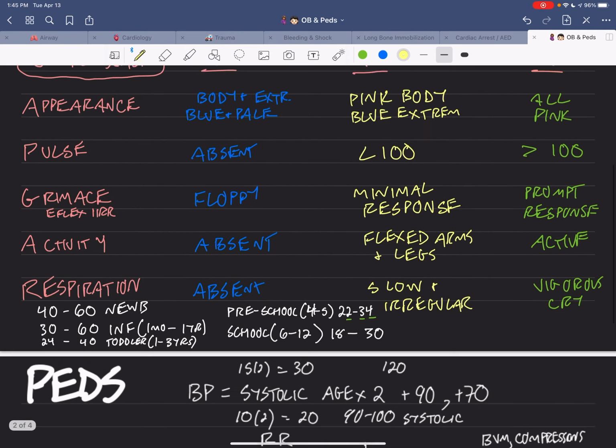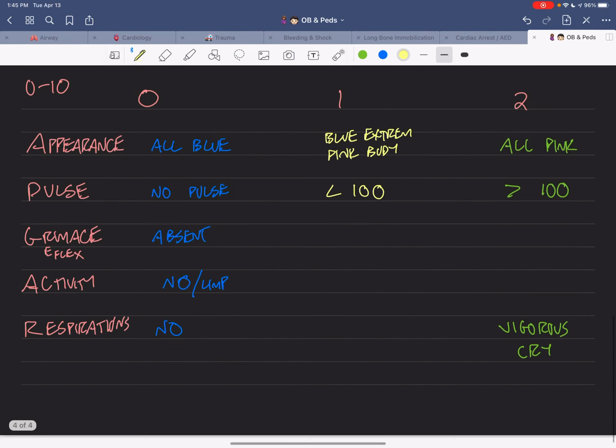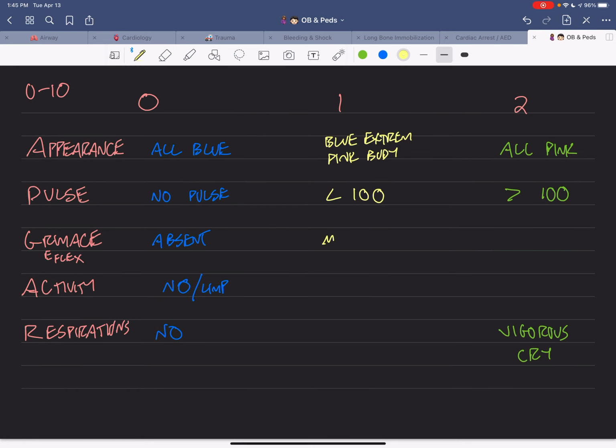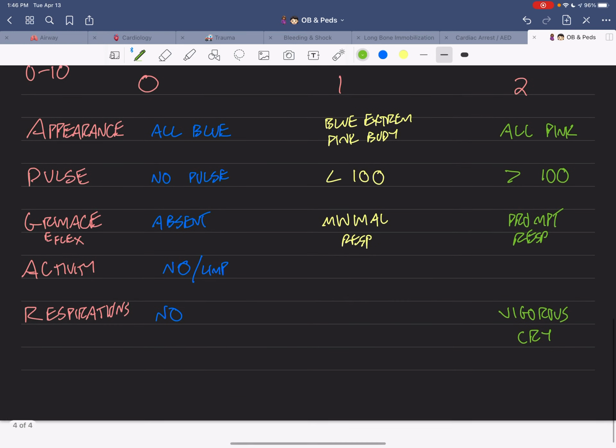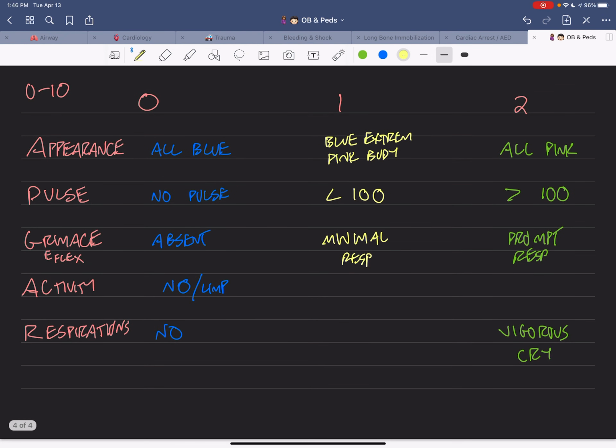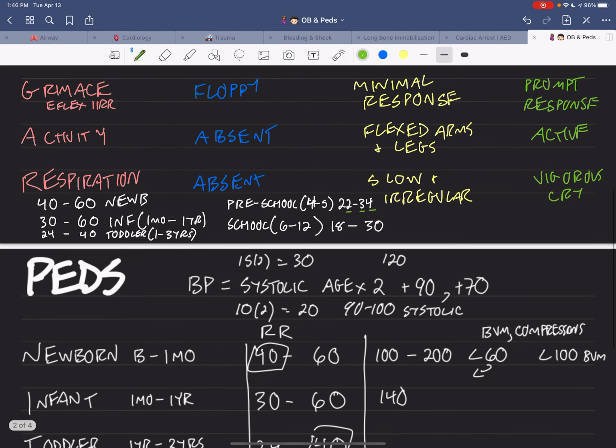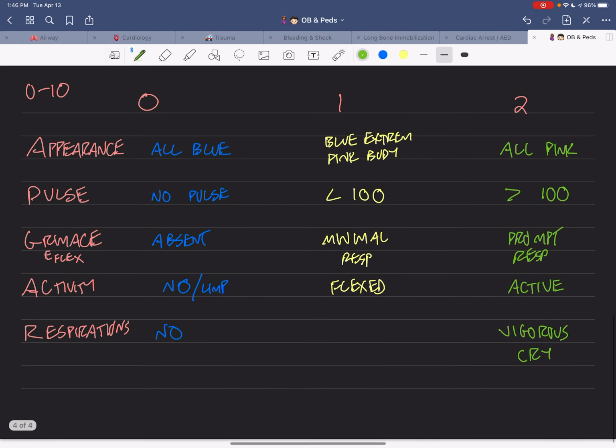Grimace and reflex: a 1 is just minimal response, a 2 would be prompt response. Activity would be flexed arms and legs, or just active. Respirations, yeah, vigorous cry, and in the middle, slow and irregular.